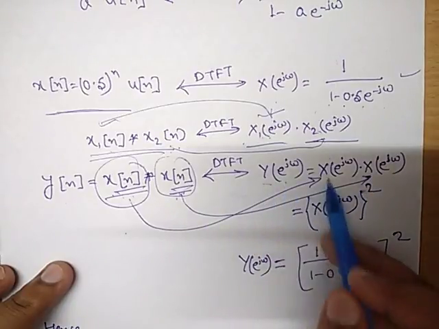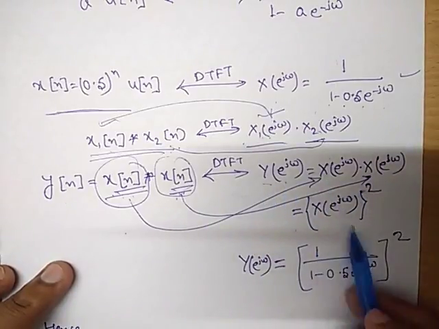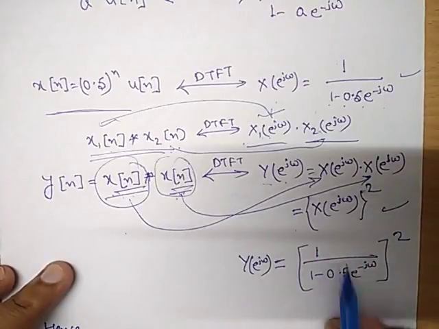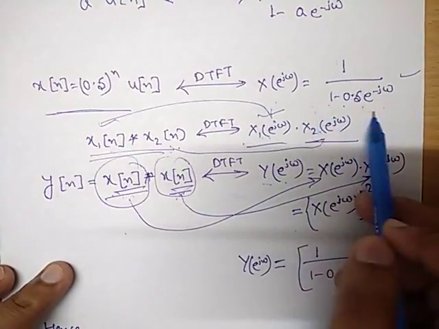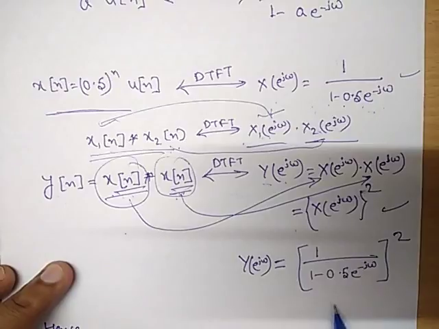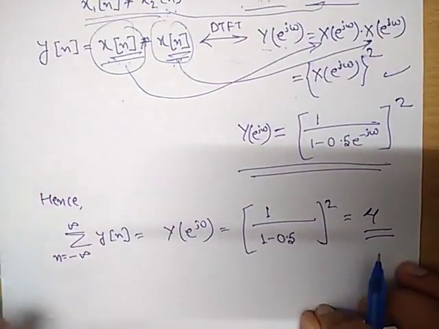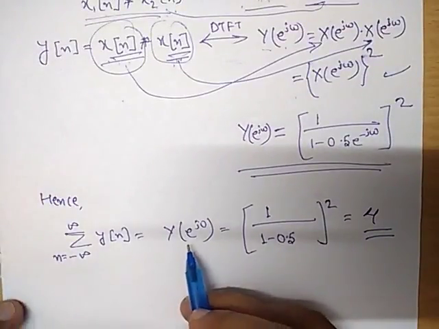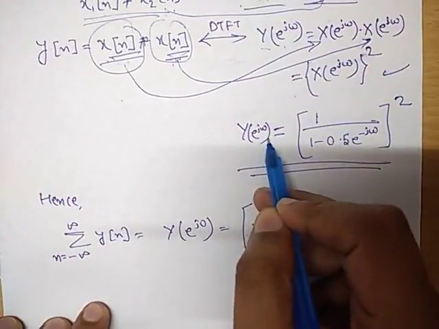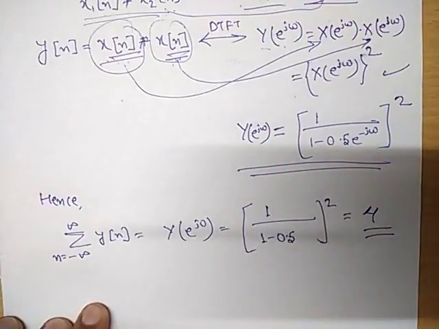So Y(e^{jω}) equals X(e^{jω}) squared, and we have already found the X(e^{jω}) value, so its square gives the desired result Y(e^{jω}). As I said earlier, we now just have to put ω equals 0 in this expression and the final result will come.